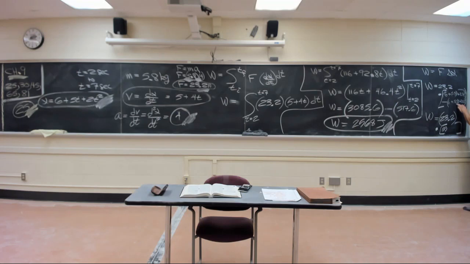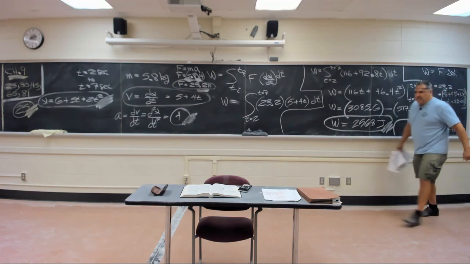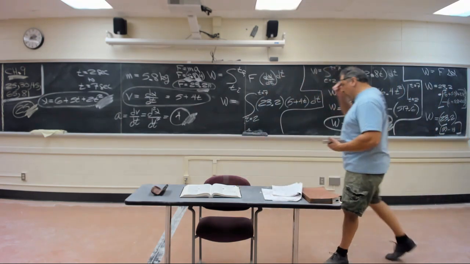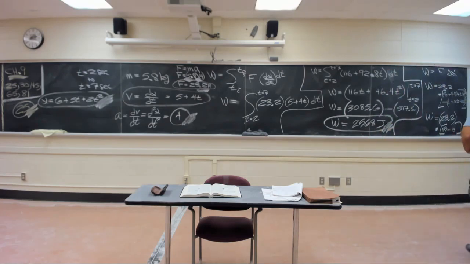Here, you've got 10. This squared is 4. 2 times 4 is 8. 8 and 10, 18. All right, let's see what happens. This should not actually be an issue, but since it is an issue, I have to resolve the issue.